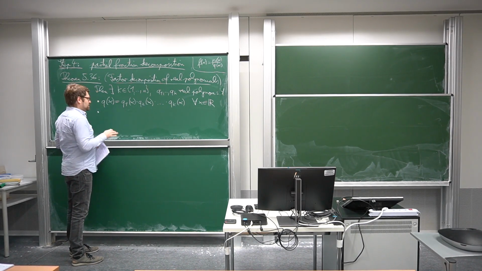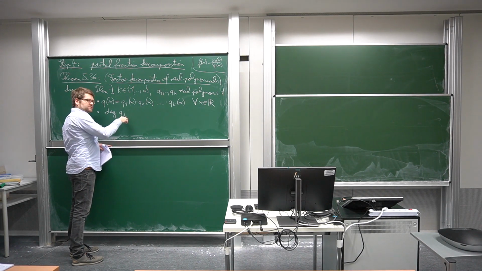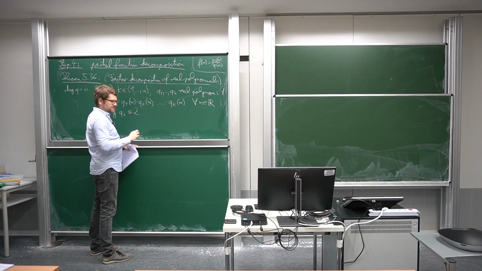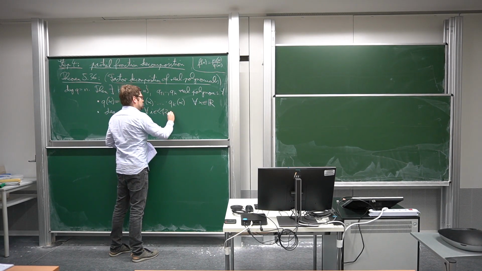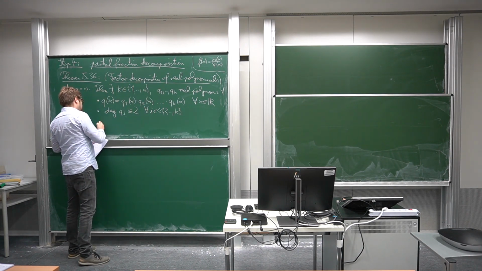But the interesting part comes now. We can choose them in such a way that the degree of each of these polynomials qi is at most 2. So they are either linear or quadratic, for all i between 1 and k. And there's one more statement.